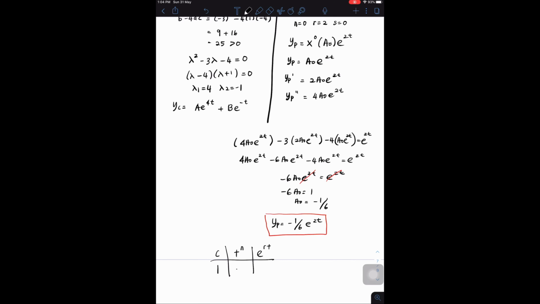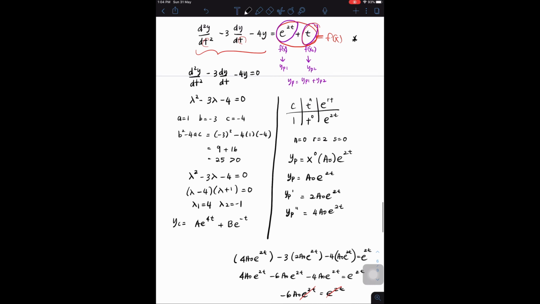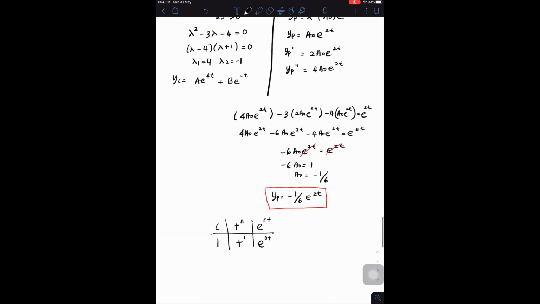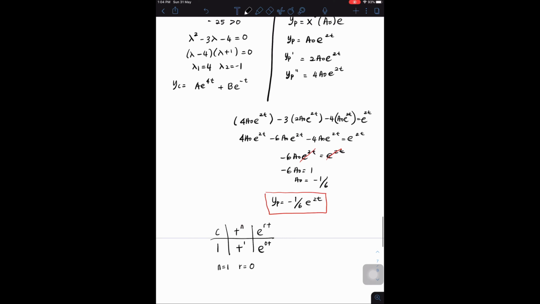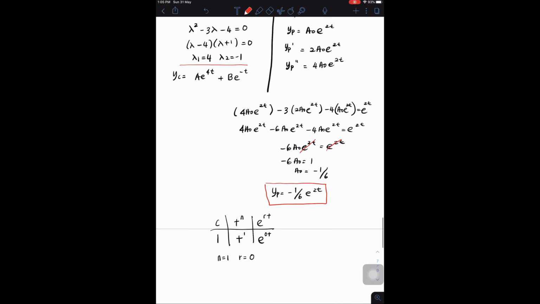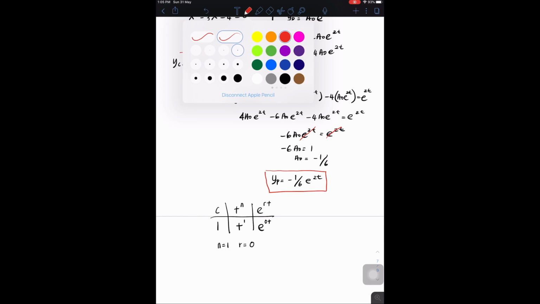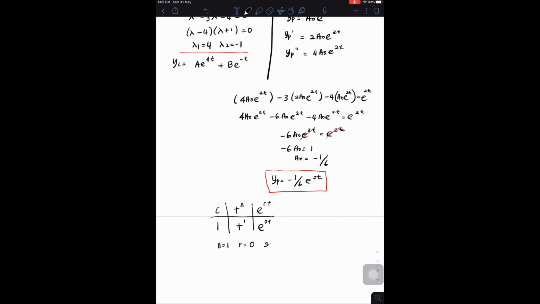We have t, which is t to the power of 1, and we don't see an exponential, so we have e to the 0t. Because e to the 0 is equal to 1, we cannot see any exponential in the term here. So now we get the value of n equal to 1 and the value of r equal to 0. Our lambda values here are 4 and negative 1, and because the value of r is not equal to any value of lambda, our value of s is equal to 0.